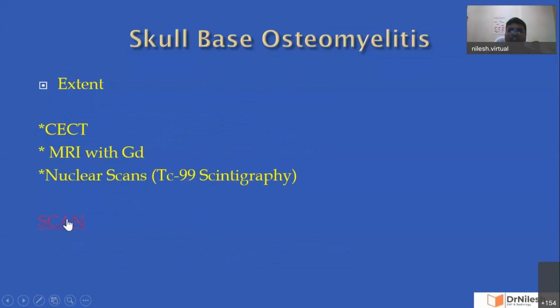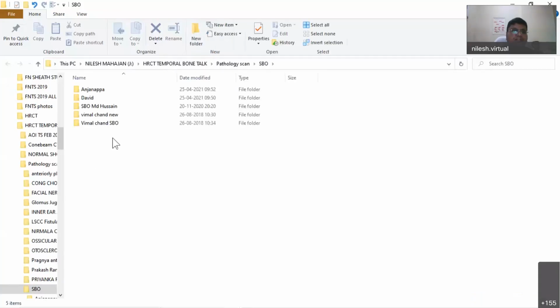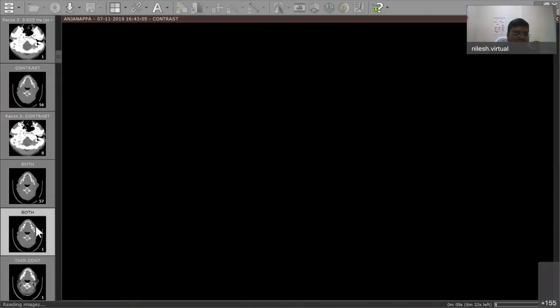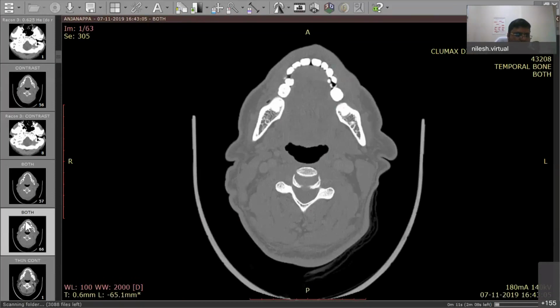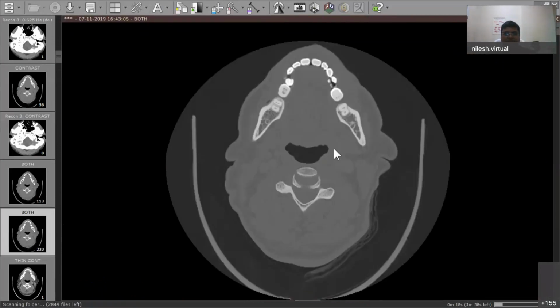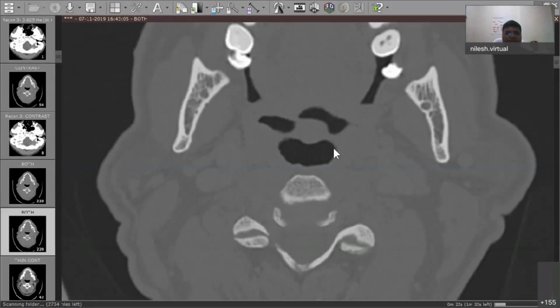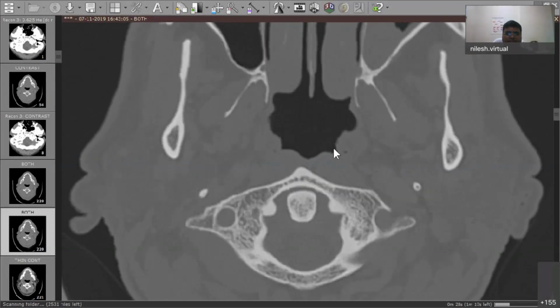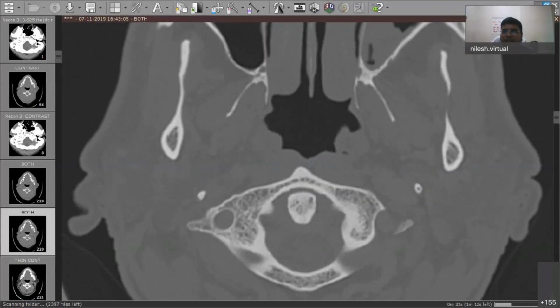So yesterday I was telling you, even with the plain scan, you can actually identify if infratemporal fossa extension is there or not in cases of skull base osteomyelitis. I'll open first the normal CT scan.